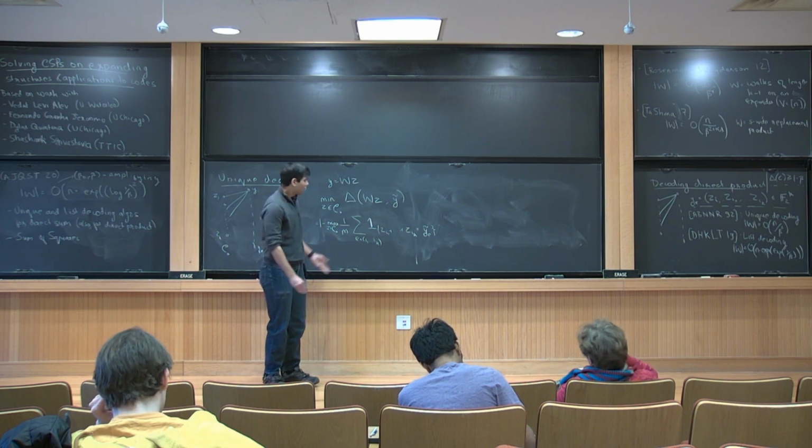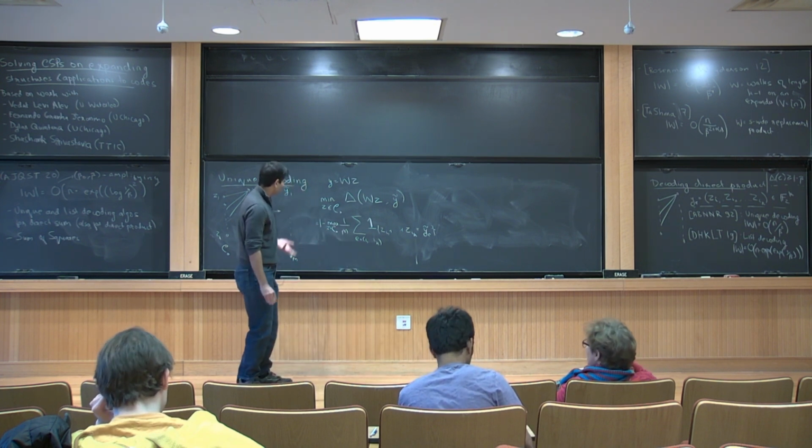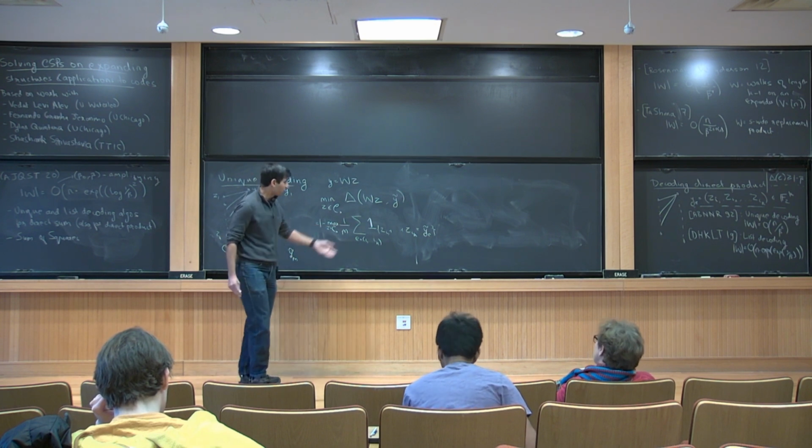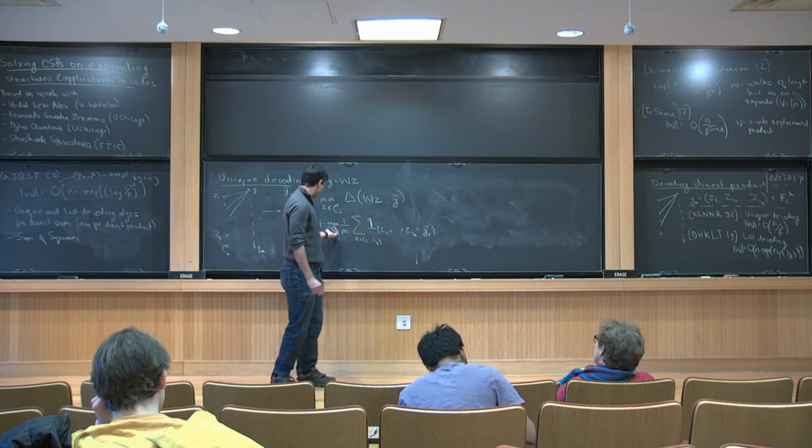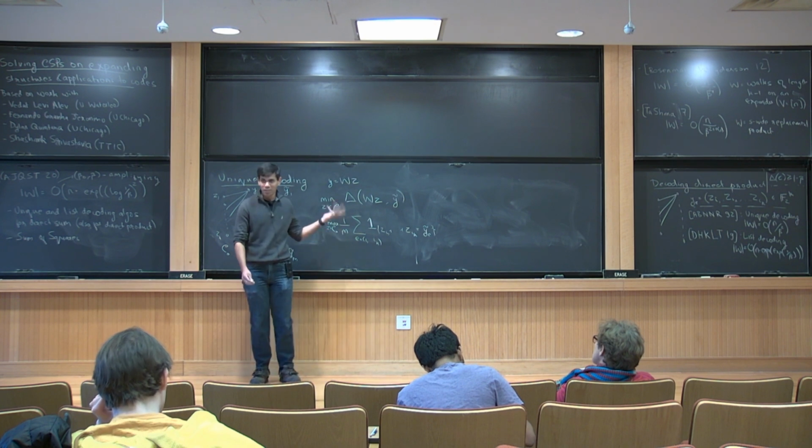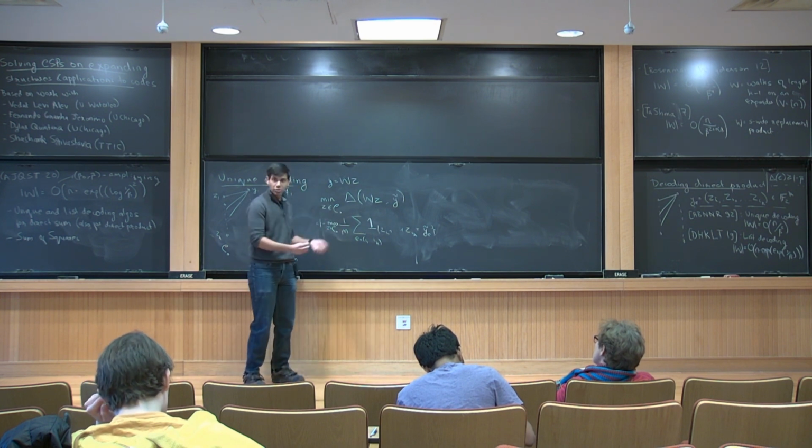And then, because of the amplifying property of W, it's enough to find any z, and we will be able to turn it into something in C0 by the unique decoding algorithm.